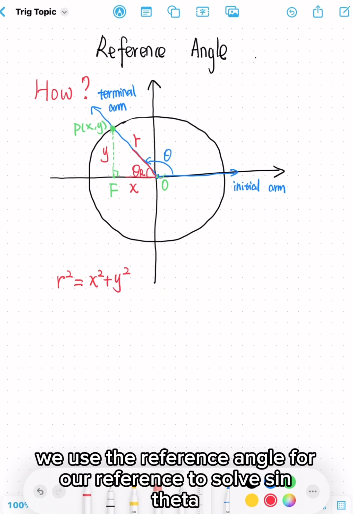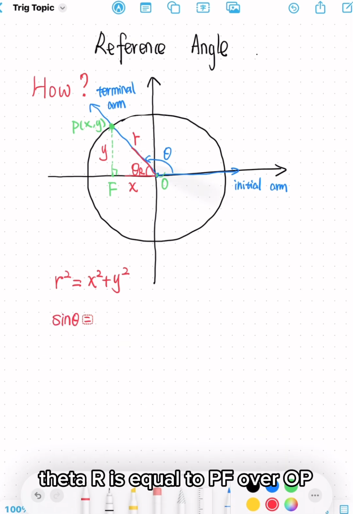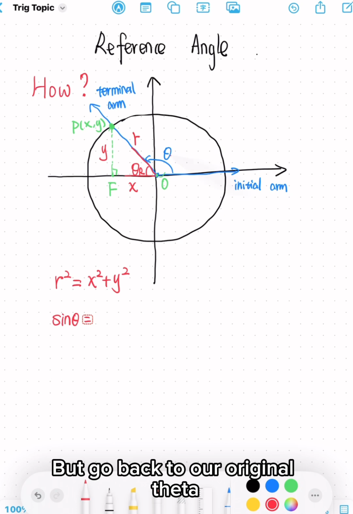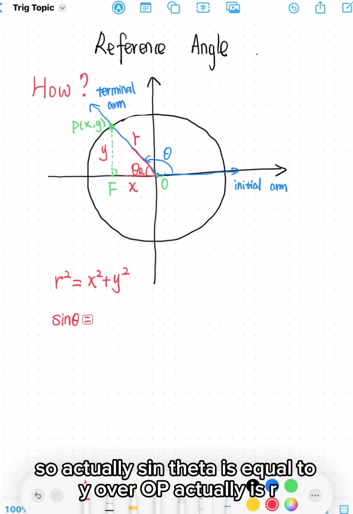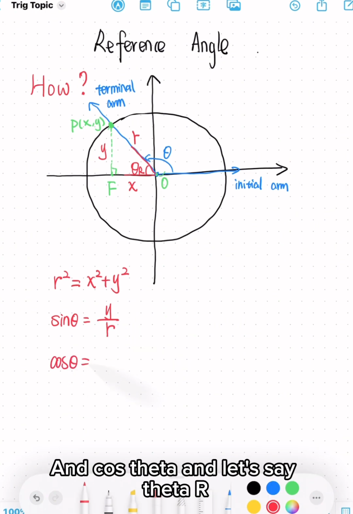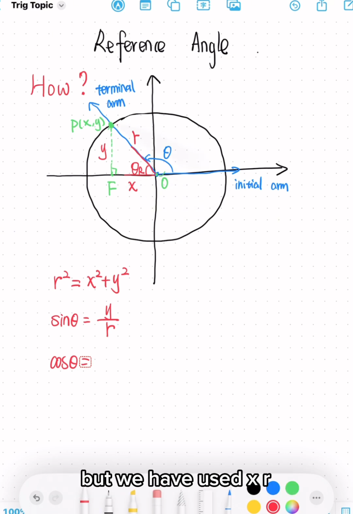We also use the reference angle to solve for sine theta. Sine theta r is equal to PF over OP. But going back to our original theta, we use y to represent PF, so sine theta is equal to y over r. For cosine theta, cosine theta r is equal to OF over OP, but we use x, so cosine theta is equal to x over r.